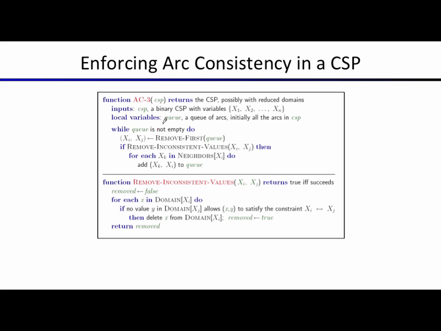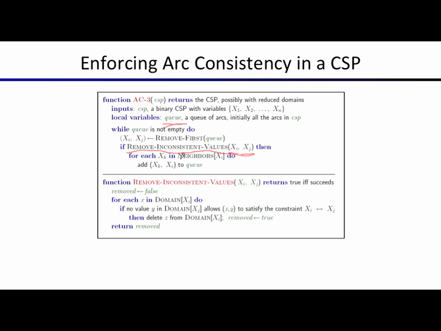You start off with a queue, initialized with all the arcs in your constraint graph, in all of the directions. For each arc, you make it consistent by removing inconsistent values from its tail. The arc goes from xi to xj, so xi is the tail, and we're going to remove values from xi to make it consistent.